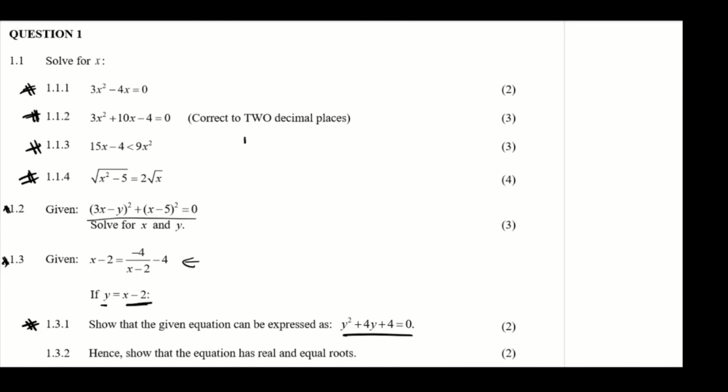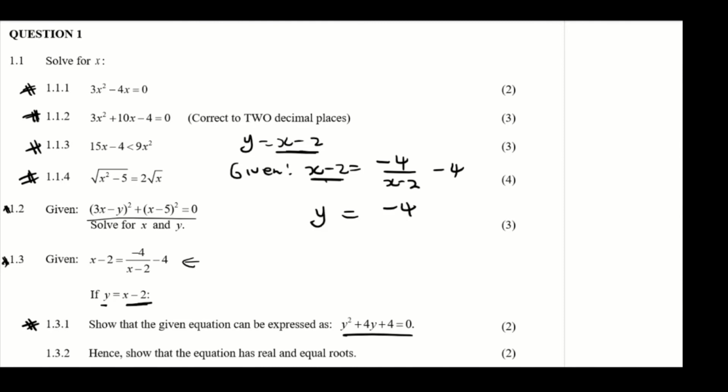So we know that y is equals to x minus 2, and the given expression is x minus 2 equals to minus 4 over x minus 2 minus 4. So we know that y is equals to x minus 2. So meaning instead of writing this x minus 2, I'm going to write y equals to minus 4 over y minus 4, right?